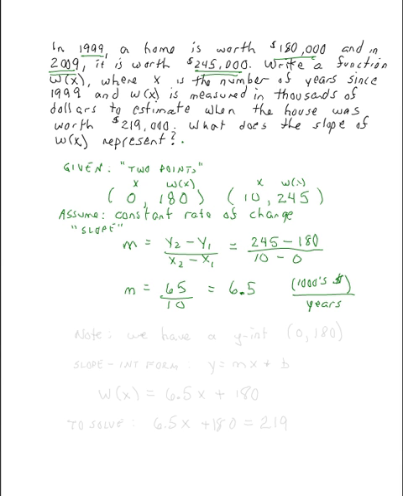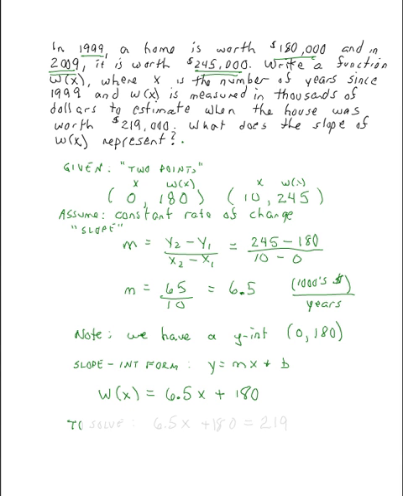Quick note here, we have a y-intercept, because I recognize one of the values where x is 0. So I will not have to use point-slope form. I can go directly into slope-intercept form of a line. We know the slope, that is m. We know the y-intercept, which means we can use the value for b. So now our function, w of x, what that house is worth, is going to be 6.5x plus that initial value of 180.